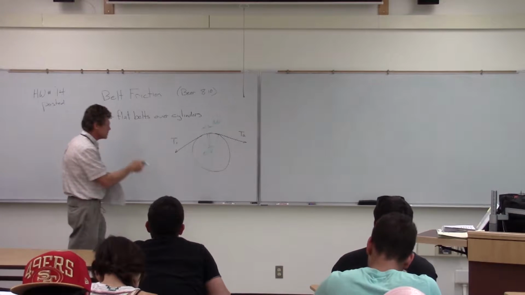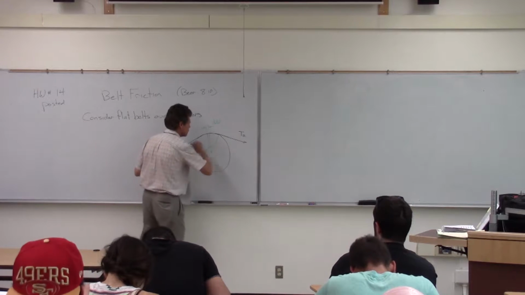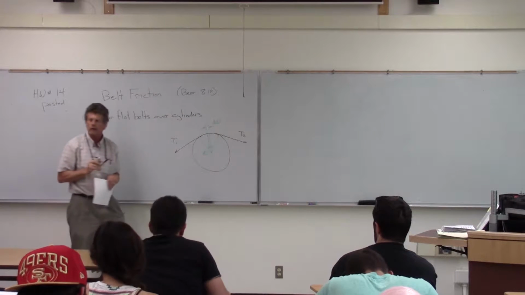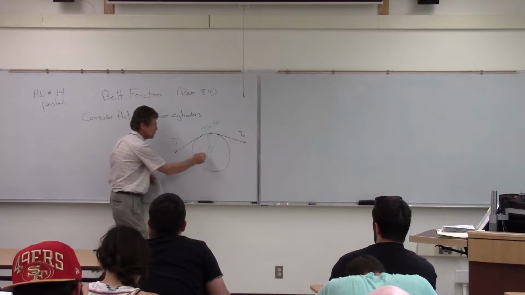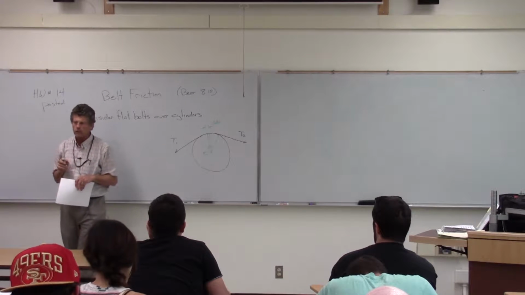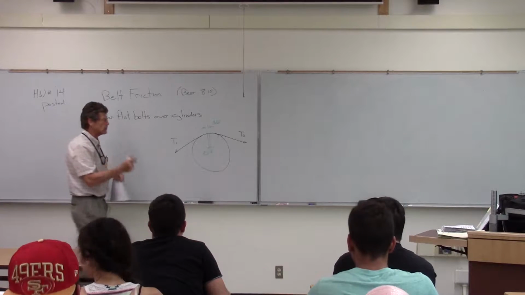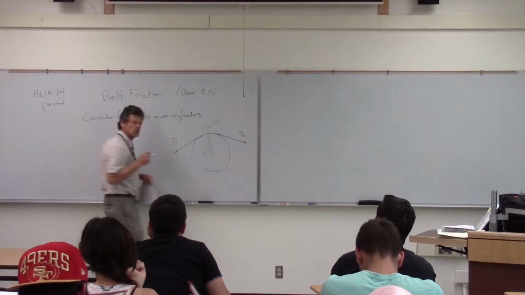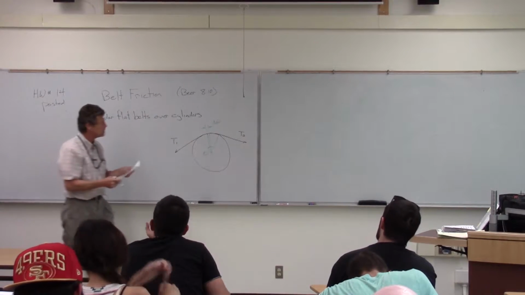So just in terms of describing it, we've got the belt going over a portion of that. And that portion is measured as theta in radians. Since we're developing this, we're going to look at a small piece of that, a differential element.